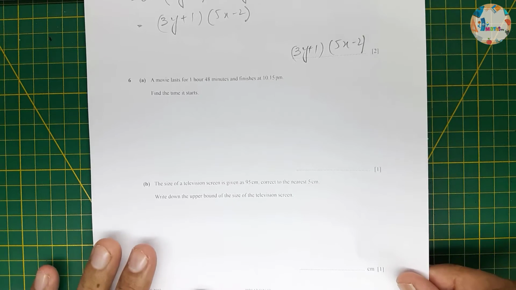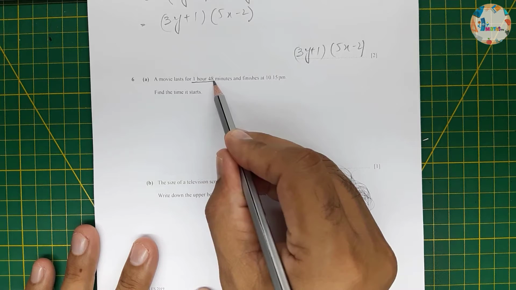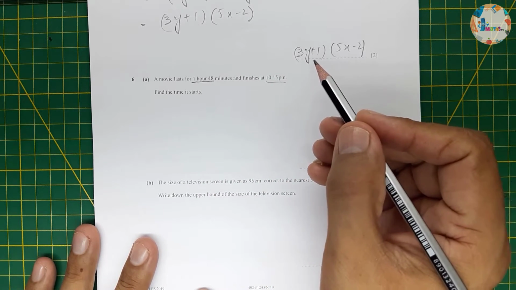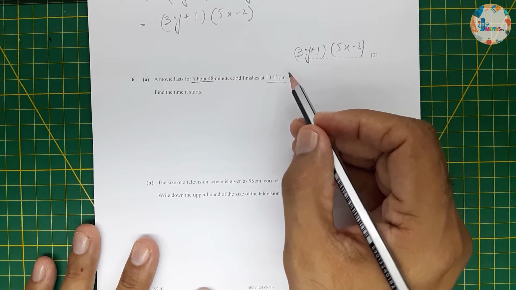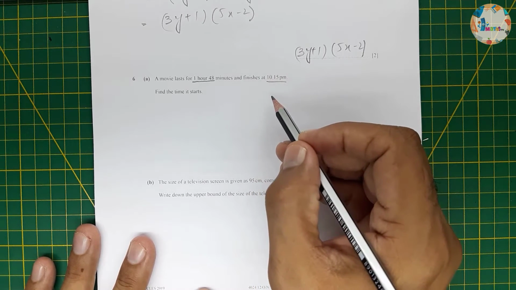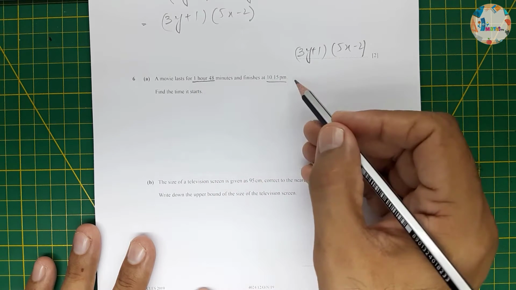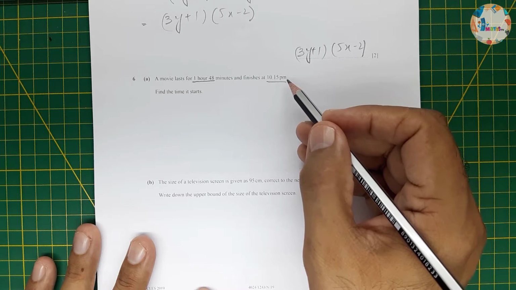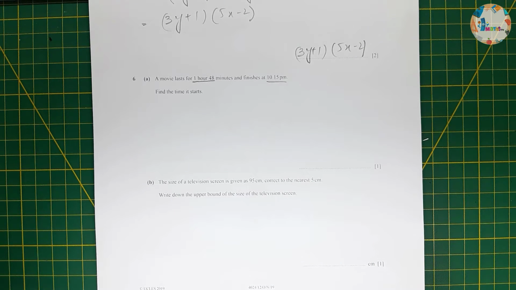Question number 6. A movie lasts for 1 hour and 48 minutes and finishes at 10:15 p.m. Find the time it starts. So we'll have to subtract 1 hour and 48 minutes from this one.